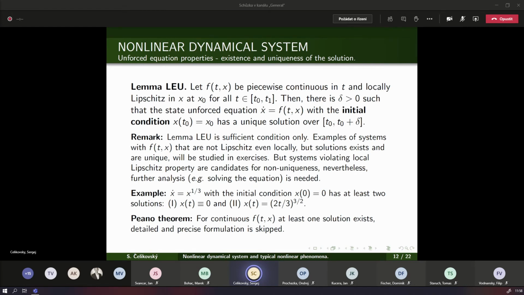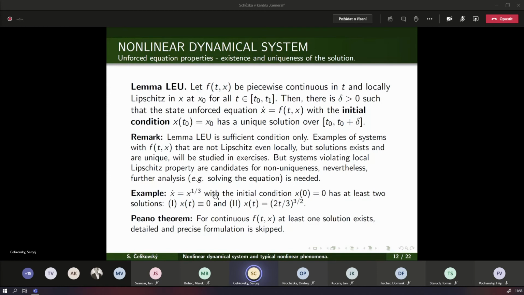Then it's really good to know that you can use this lemma. If it is applicable, then you know that there is a unique solution. If not, then usually you need to do a little bit more to prove that there is not a unique solution or no solution.